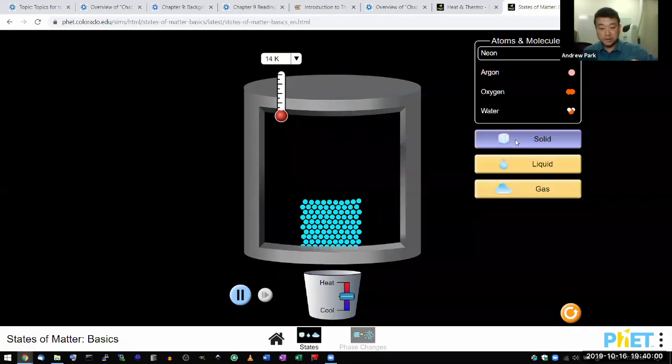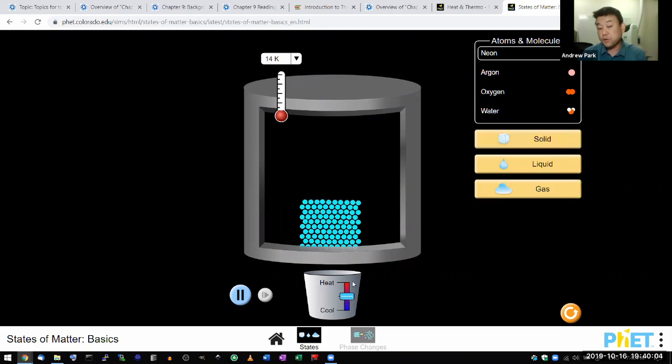So in a solid state, it starts out with a very low potential energy. As you put in more energy, you are putting in kinetic energy, which helps it overcome that potential energy barrier. The atoms are kind of separating from each other. So they have less potential energy, more kinetic energy.